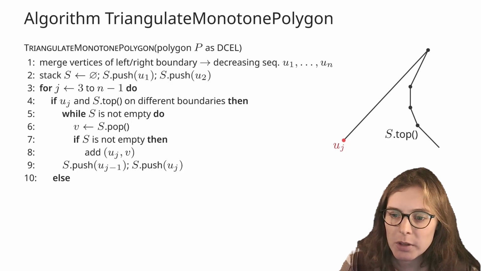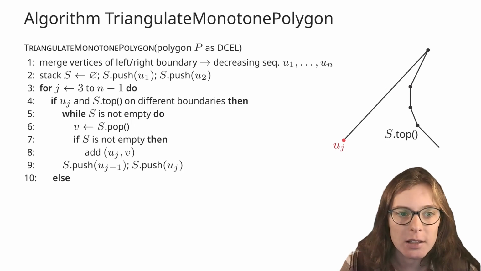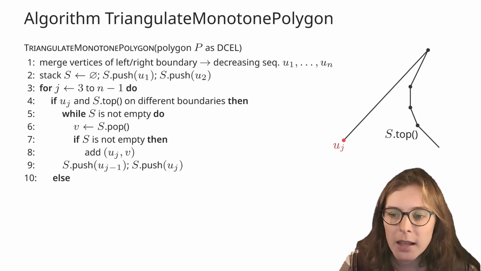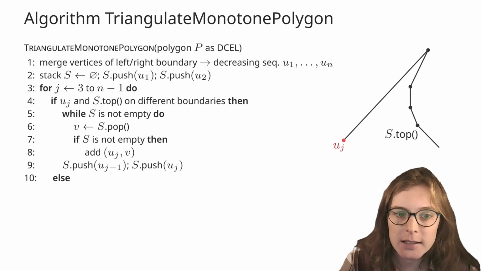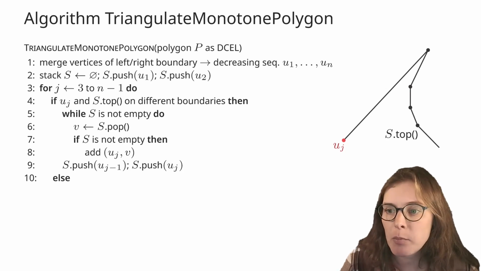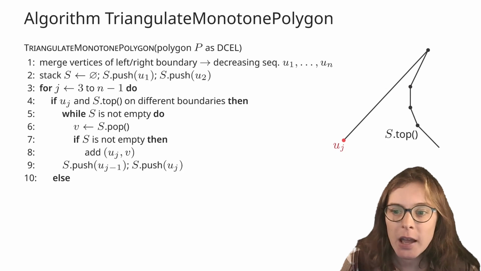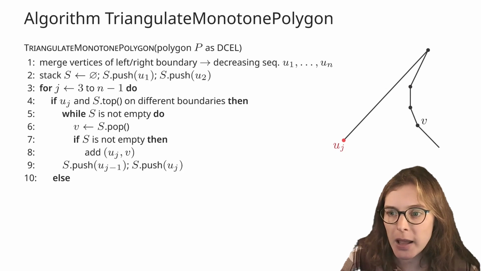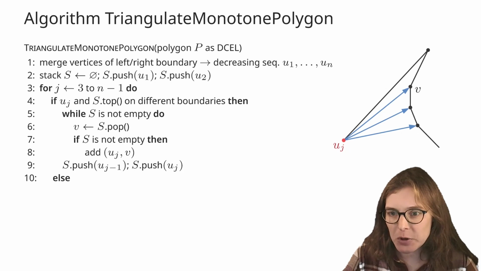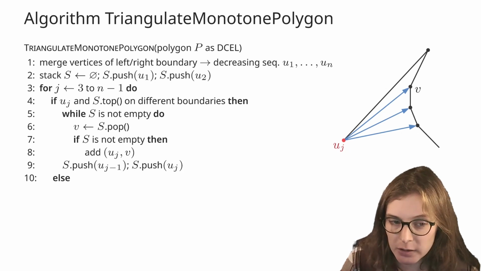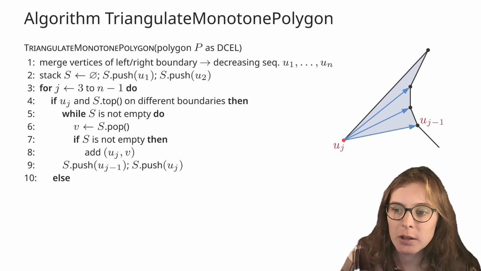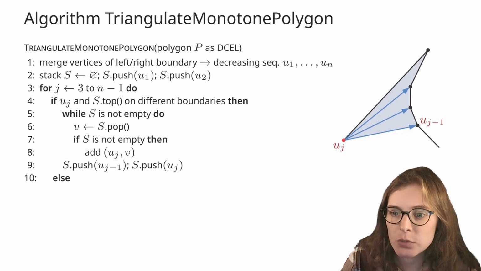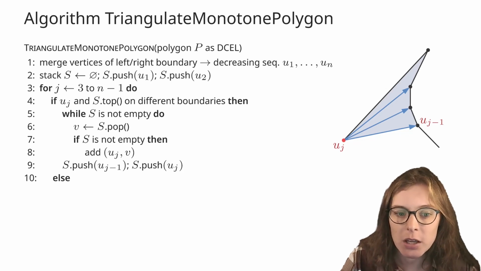And let's assume that uj and the vertex that lies in the top of the stack S lie on different sides of the boundary. Then, until stack S is not empty, we're going to pop each next vertex from it and connect to uj by a diagonal. This corresponds to the simple case that we considered in the previous slide. After we're done, we're going to push the previous vertex uj-1 and the current vertex uj into the stack.